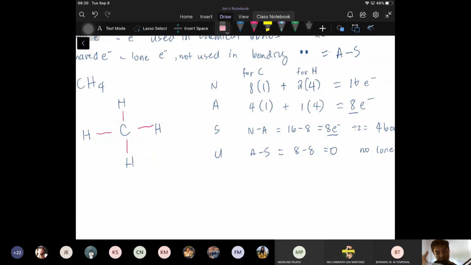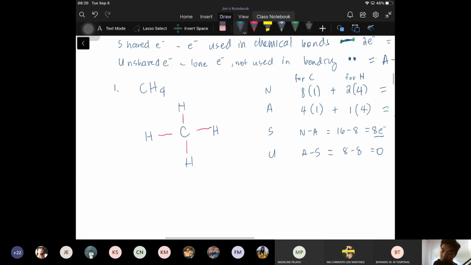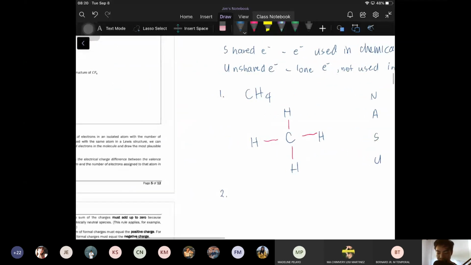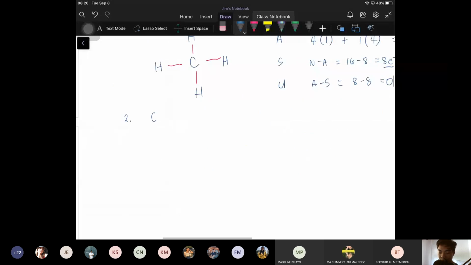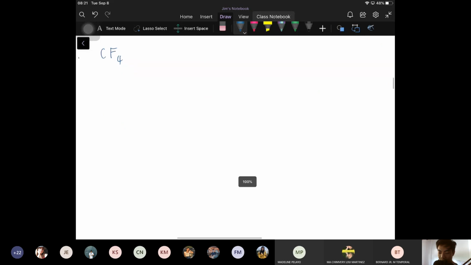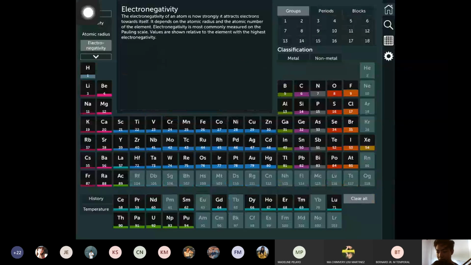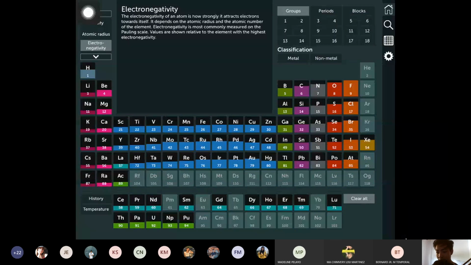Okay, so may 4 examples pa tayo to further strengthen the idea of the Naso Rule, no? So let's try number 2, CF4. Okay. So, sino yung central atom dito? So, let's check the electronegativities. Fluorine is the most electronegative, diba? Because looking at the periodic table, the electronegativity increases from left to right and bottom to top, no?